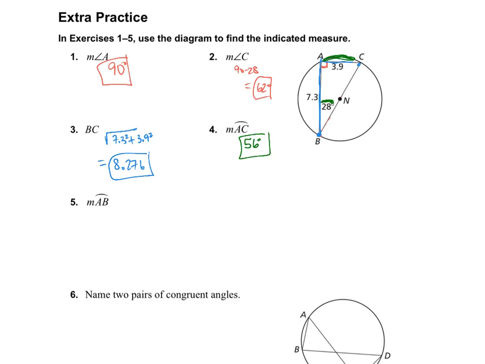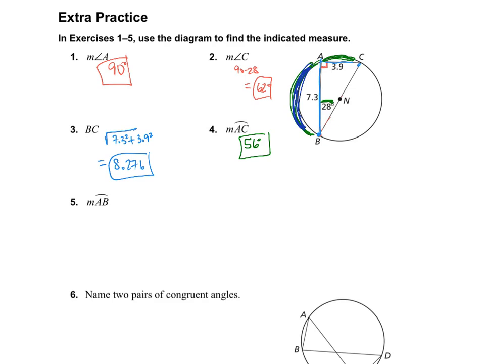And then we need to find the measure of arc AB. So the measure of arc AB, which is this one right here on this side. Let's go ahead and use a different color on that. We'll go back to a blue here. So we're looking for this one from arc A to B. And here's the trick to this.